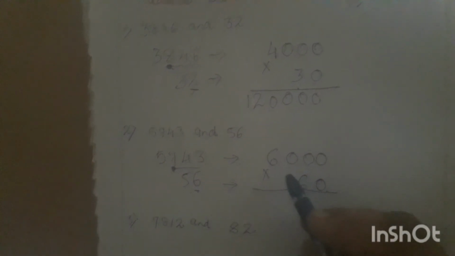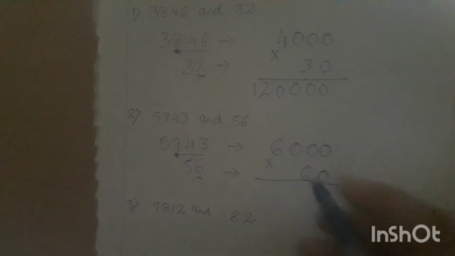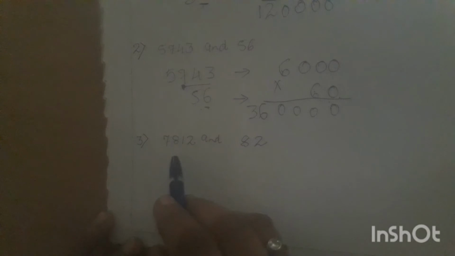So write the total number of zeros, that is 3 plus 1, 4 zeros, 1, 2, 3, 4, and the numerals when we multiply, 6 sixes are 36, and you are done. The next question, I think you will be able to do it on your own, right? Now see the next question.